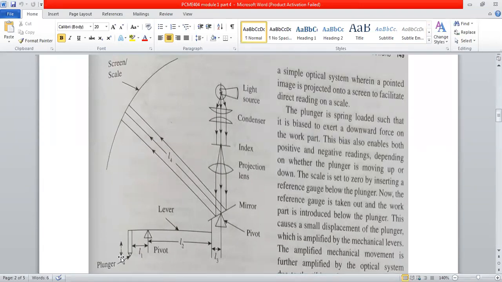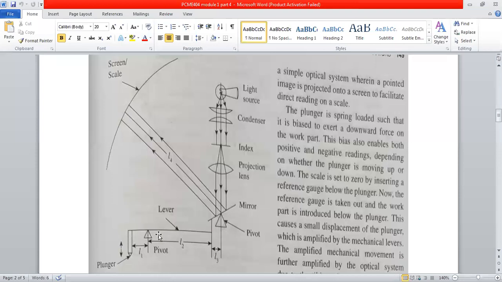So here is a plunger and the lever. Previously in the case of the Sigma comparator or any mechanical comparator there is a moving block, but here it is called a lever. Also this is a moving block. This is a pivot. When we displace the lever with the help of the plunger, this pivot will incline.